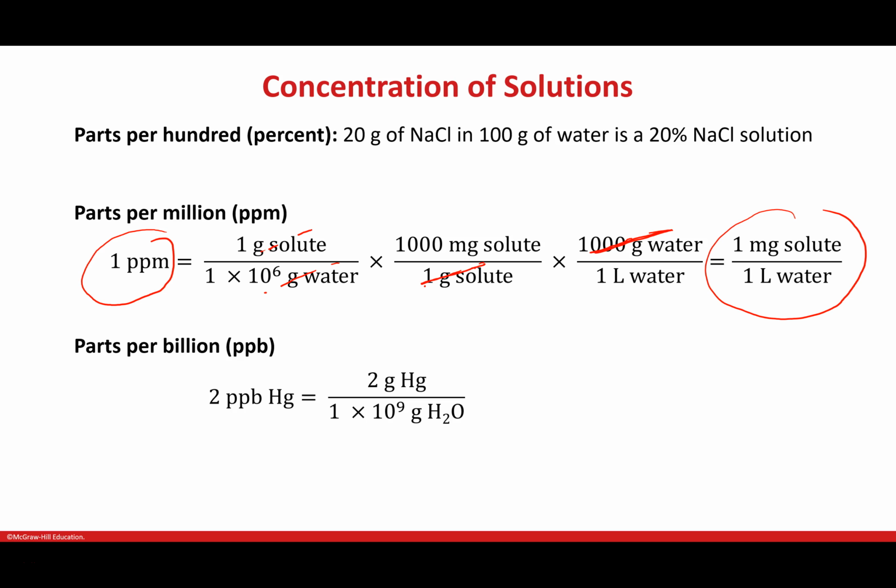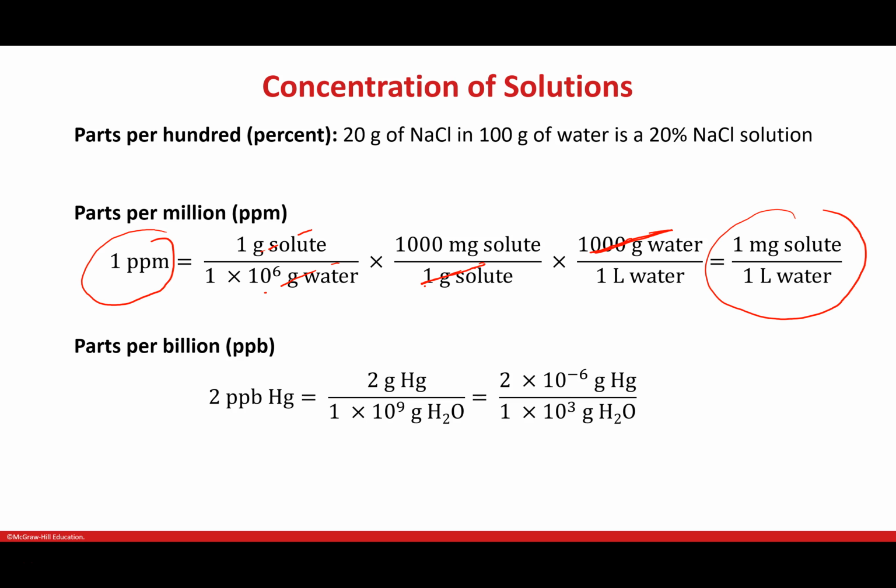I'm going to divide both the 2 and the 1 times 10 to the 9 by 10 to the 6th. So what happens if you take 1 times 10 to the 9 and you divide by 10 to the 6th? 10 to the 3rd. Yes, that was what I was after. Yep, exactly.